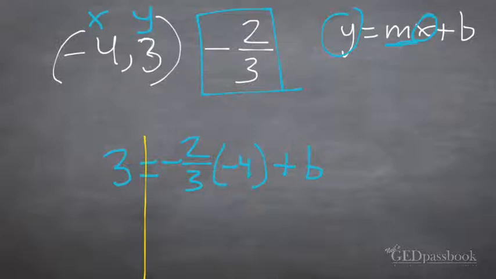You want to start moving? Yeah. Remember, you got to simplify each side first. You're telling me you can't do this? -2/3 times -4? Yeah, we can move it. Solve it first before you move it. Solve it, solve it, solve it.